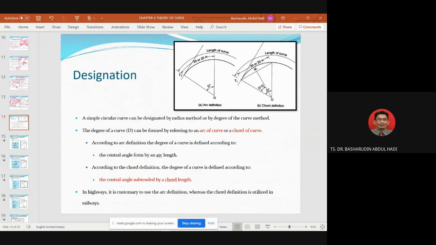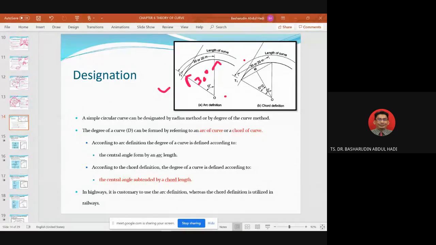Okay, next we have designations. You look at this one. At point T1 we have a certain angle, D degrees, maybe 30 degrees for example. So we develop the D angle from 0, and of course we have the radius here. Then we can see the length of the curve.